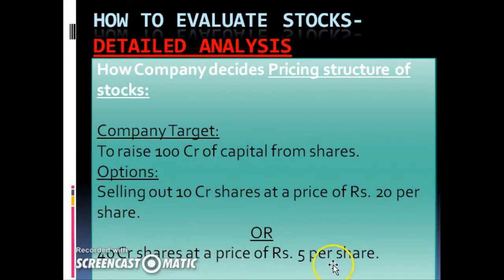So never be confused or generalize that if the share or face value is higher, you should invest. Always be aware of the company's strategy and how the company is in the stock market.